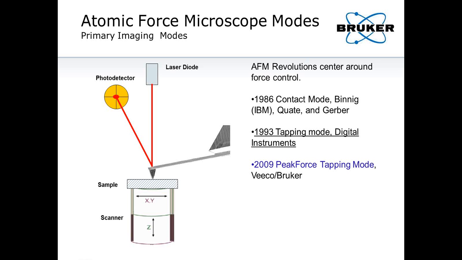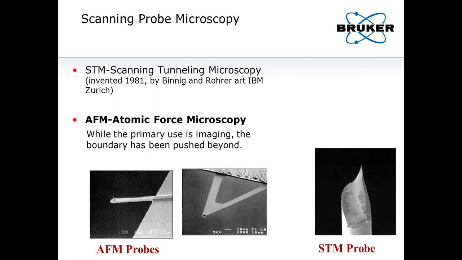So the trick here is, of course, your tip has to be sharp. It's a sharp needle, as you can see. I can go back one slide. Here you can see AFM probes, and there's a cantilever, and then there's a tiny, tiny tip there.